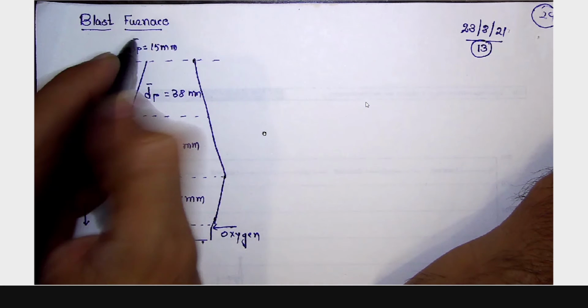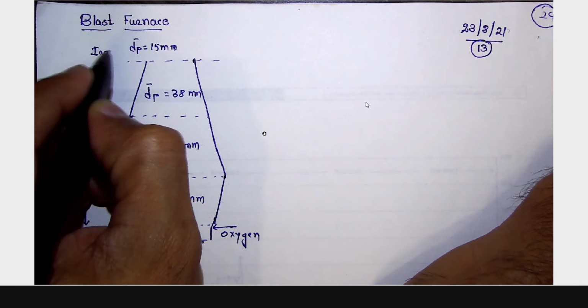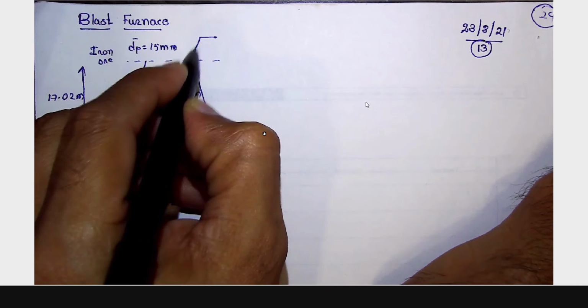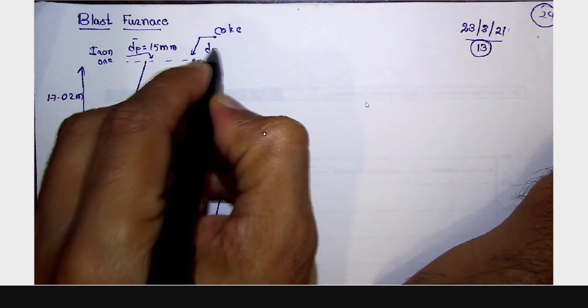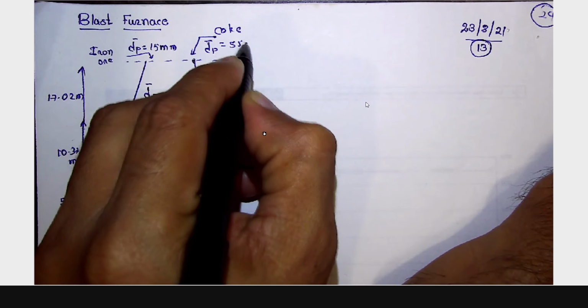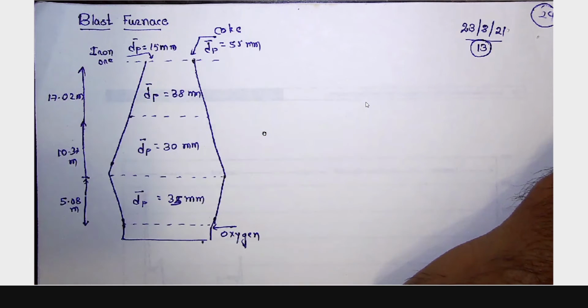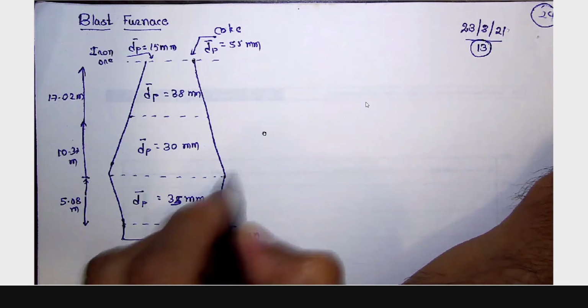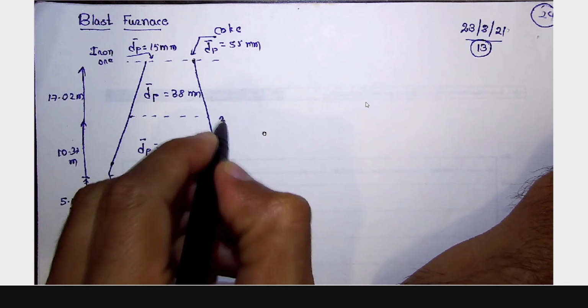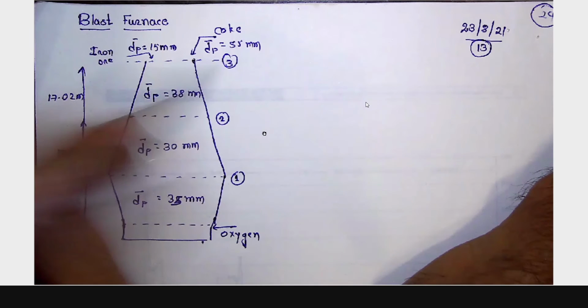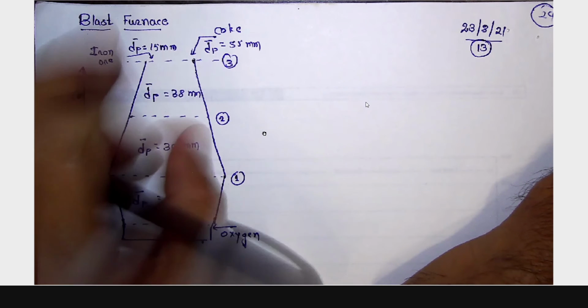And we are passing the coke also; the diameter of the particle is around 55 mm. So it has 3 sections. That is the starting. So 1, this one, 2, and this is 3.